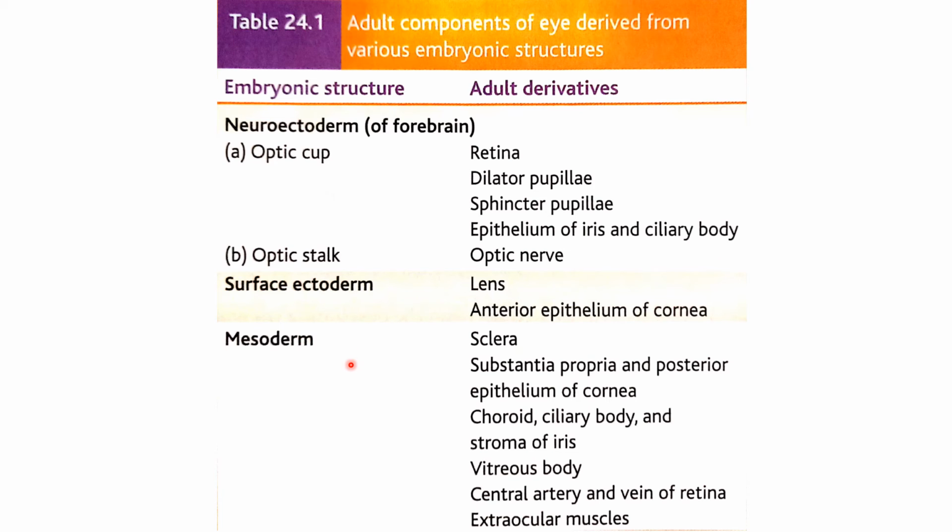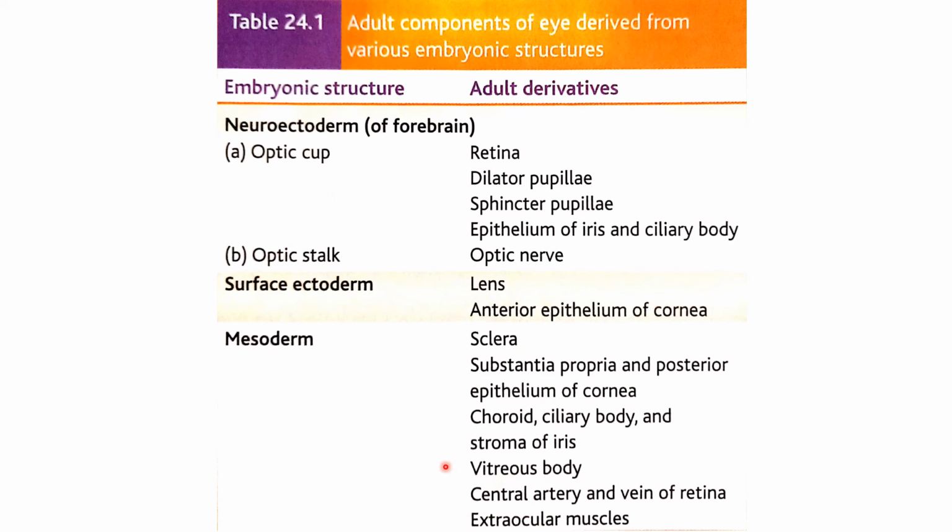The mesoderm by itself gives rise to the ciliary body and the stroma of the iris, which means the connective tissue of the iris. Now see, the mesoderm gives rise to the stroma of the iris, but the musculature in the iris develops from the neuroectoderm.